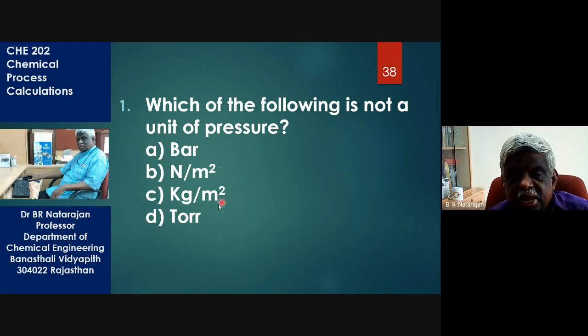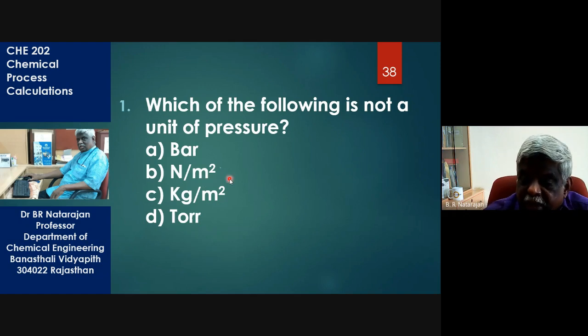In this case, kg per meter square, the denominator is satisfied, but the numerator must be force, and kg is not a unit of force. Kg meter per second square is force, but kg is not. So C is unlikely to be a unit of pressure. We already know bar, torr, and Newton per meter square are measurements of pressure.